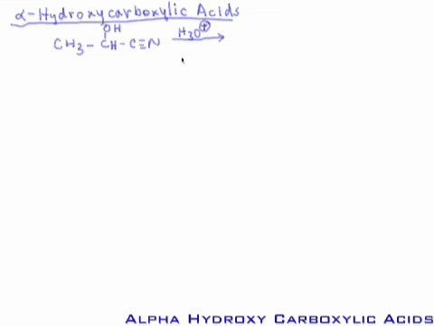And the cyanide group becomes a carboxylic acid. And hence, the carboxylic acid functional group is here, so this is the alpha carbon. The alpha carbon bears a hydroxy group, hence the term α-hydroxycarboxylic acid.